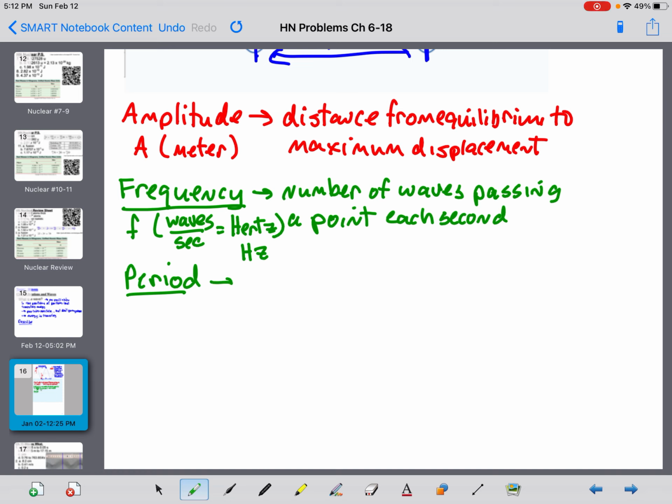Period is very similar to that, but it's the inverse. So instead of the number of waves per second, now time is on the top. This is the time for a complete wave to pass a given point.